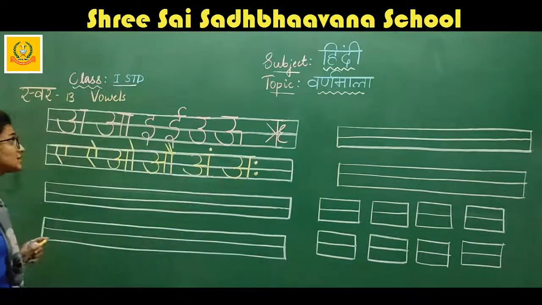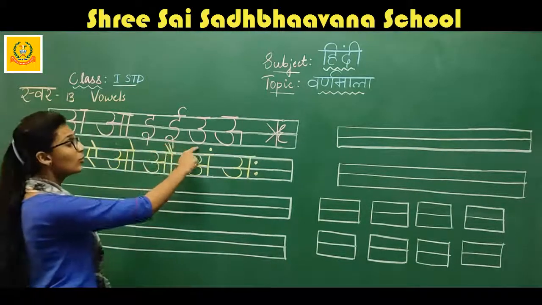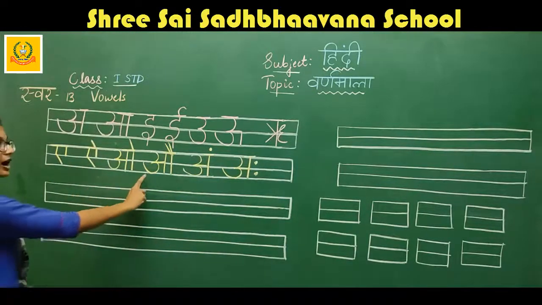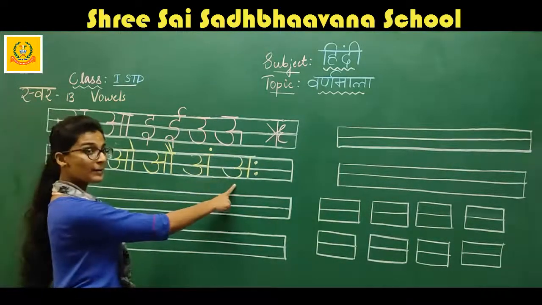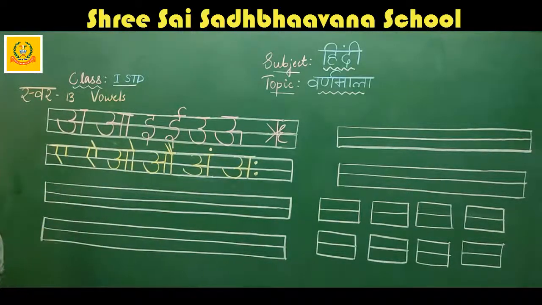Children, let me repeat it again. A, a, e, e, u, u, ru, a, I, o, ow, aha. How many are there? They are 13 in number.